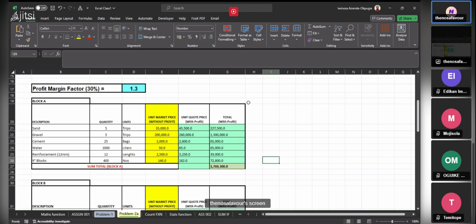Yes, I did it, but it didn't work. Okay, if it did not work, try to put the dollar sign manually. Honestly, I really do not know why, but unless your F4 key has an issue, it should work because it's a formula in Excel.